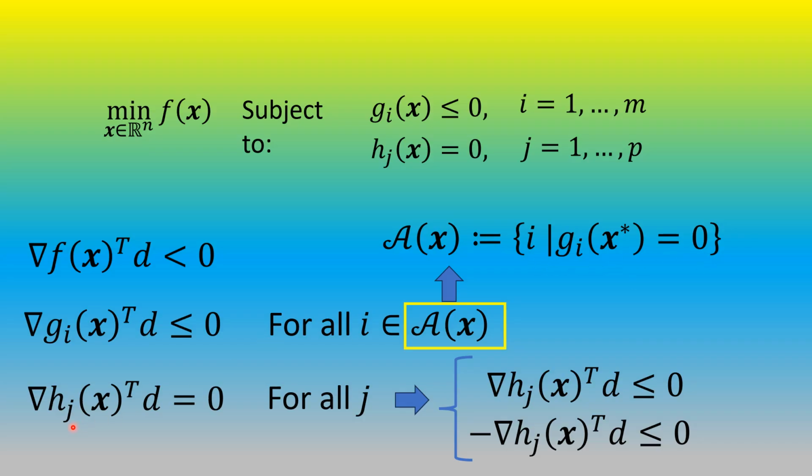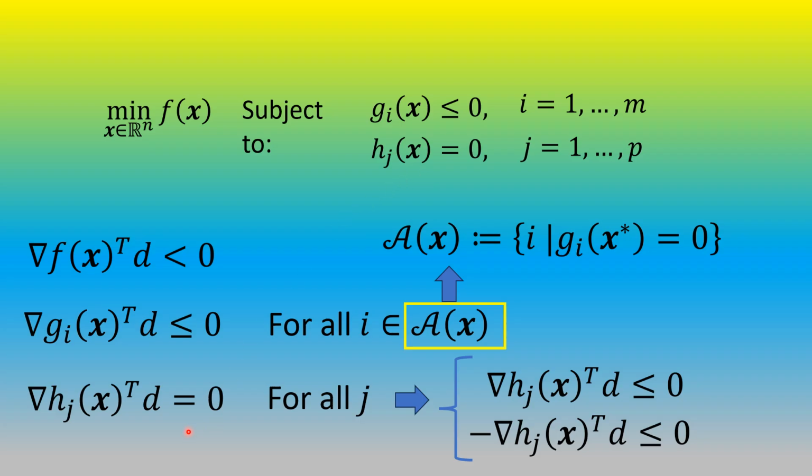This is another constraint that says that you have to be on the manifold. It's the directional derivative of h in the direction of d has to be 0. That's because you have to stay at 0 for all the h j of x conditions, the equality conditions.